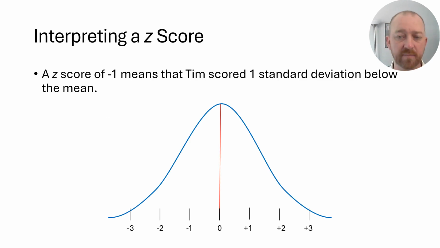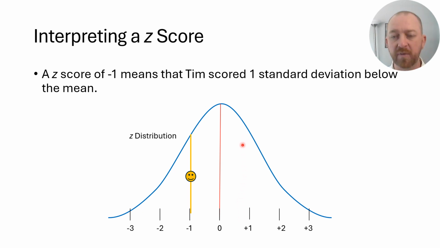Now, obviously what that means is a negative 1 is one standard deviation below the mean of the population. So once again, it's the same distribution of z-scores, and here is Tim's score. Tim scored one standard deviation below the mean of the population, which in this case is the class, and Scott scored about right here at a 0.83, which is above.